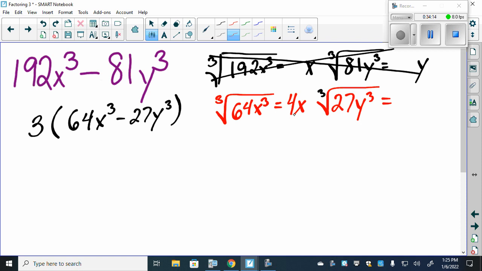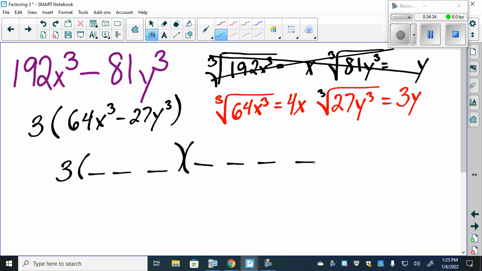The cube root of 27y cubed, well, 27 we found to be 3, and the cubed root of y to the third is y. So we have these two here. So that means we can factor this. Now we still need to keep the 3, as we still need it when we factor these.